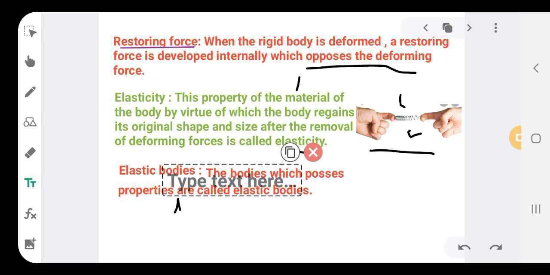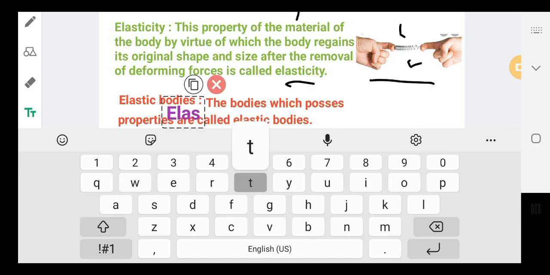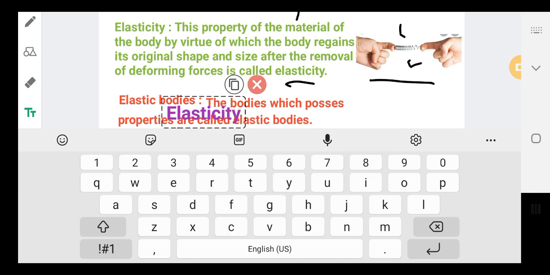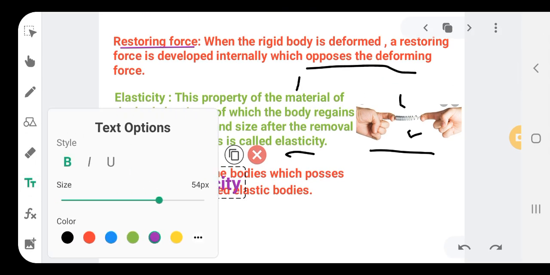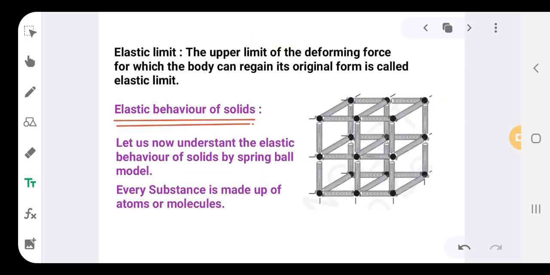Property of elasticity are called elastic bodies. Okay. Now let us go to the next slide.